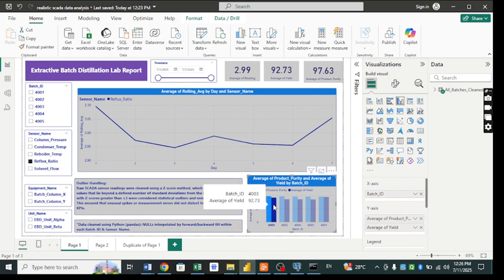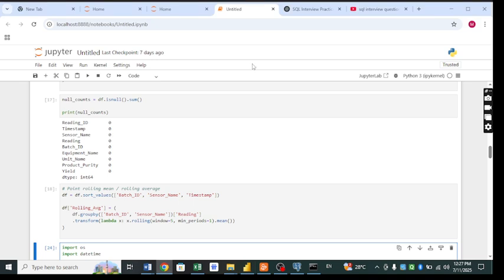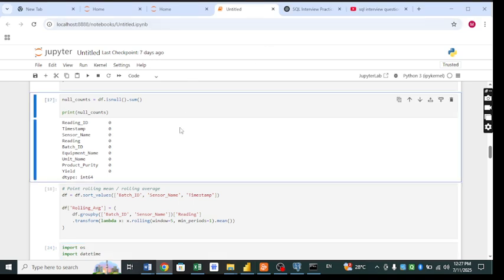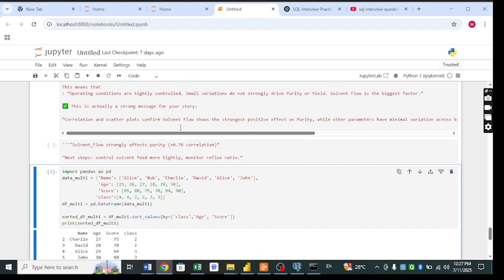I identified the low yield causes for other batches by analyzing the reflux ratio, reboiler temperature, and shutdown timing. I did that using Pandas, and here are the results.